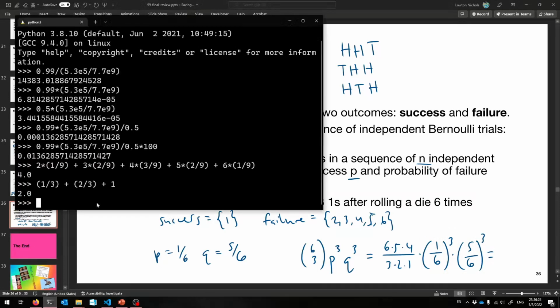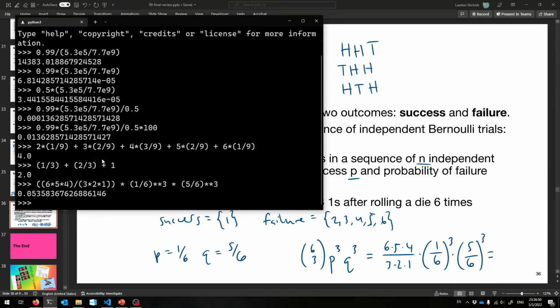So let's try and calculate that. So we got 6 times 5 times 4 over 3 times 2 times 1, all that, times 1/6 to the third, all that, let's make it cleaner to look at, all that times 5/6 to the third as well.